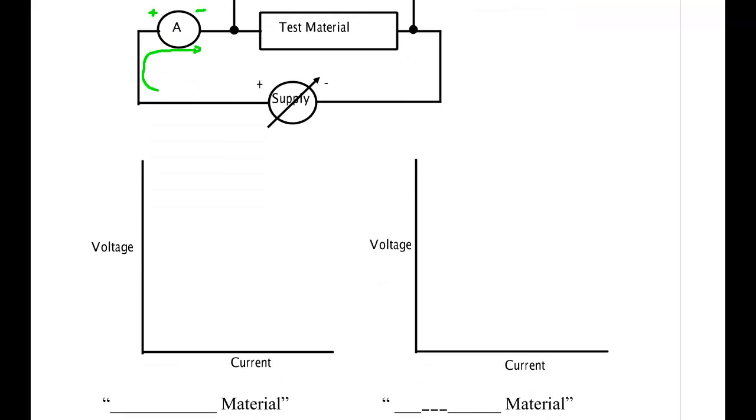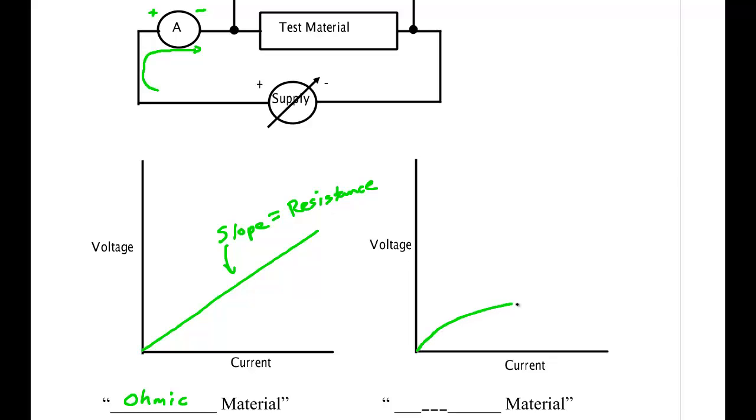And if you plot those two and you find that you get a straight line, then that material is called ohmic. And this slope, which is constant, is called the resistance. However, some materials do not look like that.